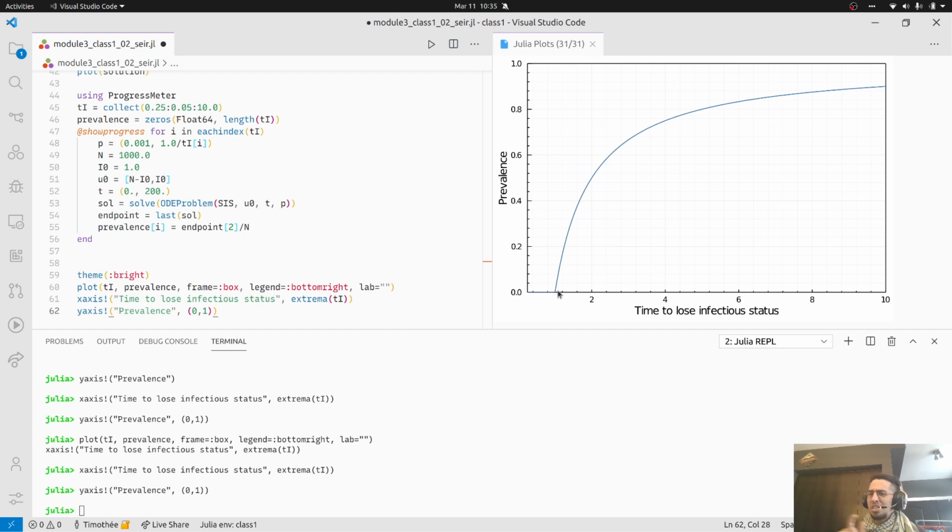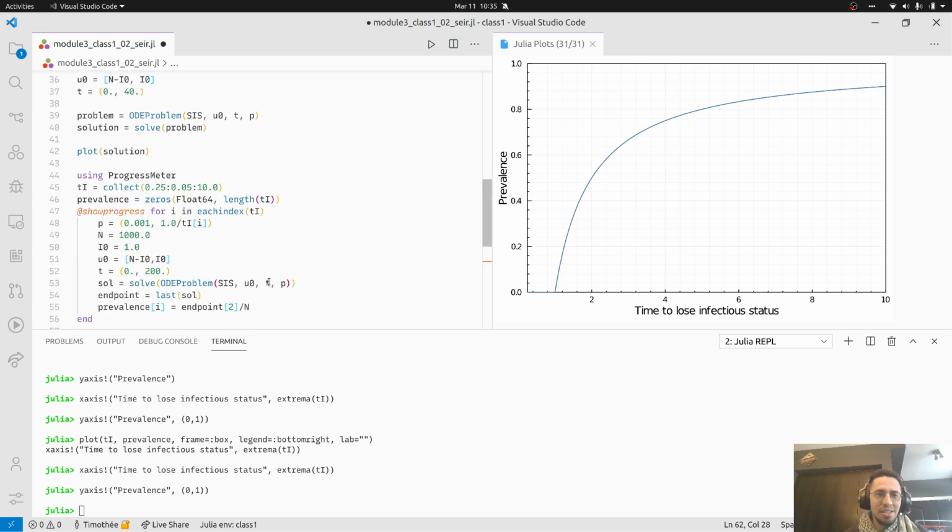So there's a combination of parameters for which we change the behavior of the system, to the point where instead of everyone being infected, only some people are infected. If it's very easy to lose the infectious status, we change the behavior of the system so that the disease goes away. So let's pick a short time.